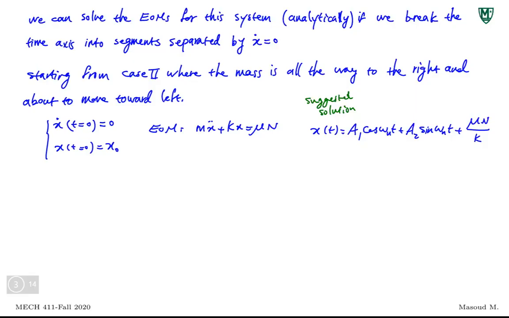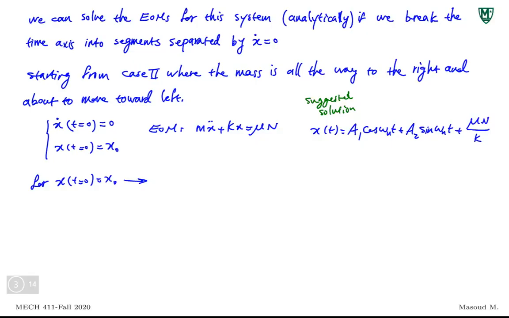Now, since we have the general form, let's find the coefficients. The idea is that I am given initial conditions, and this is the suggested solution for this differential equation. Now let's find the coefficients that I don't know, which are a1 and a2. I have to find the derivative as well. Let's go with x(t) at t equals 0 is equal to x naught.